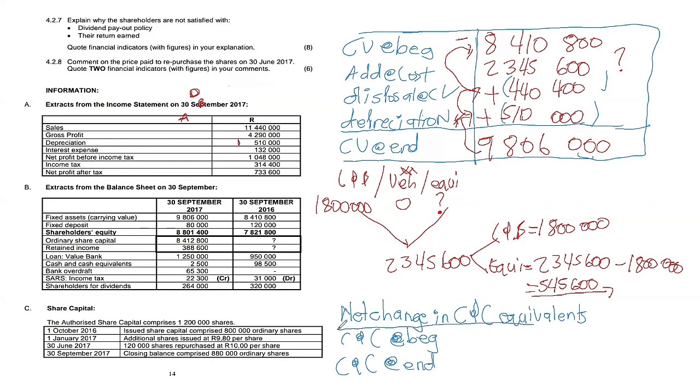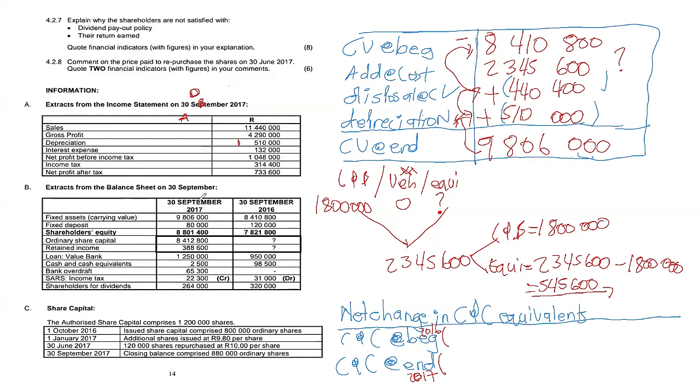So the question is for you to calculate the net change, the change effect for your cash and cash equivalents, right? So it's open bracket here and also here. This is 2016 because it's at the beginning. Then this is 2017, meaning it's our balance at the end.